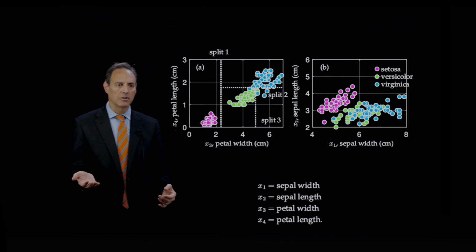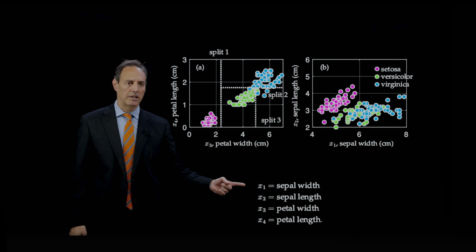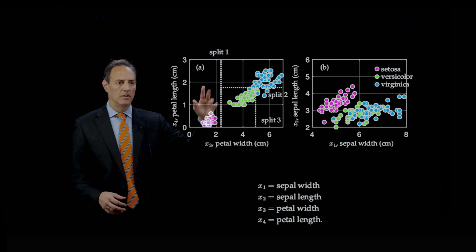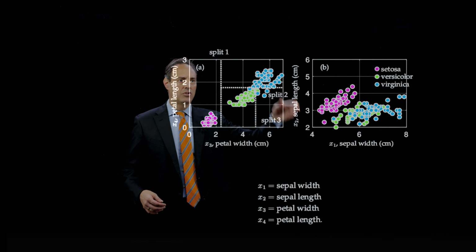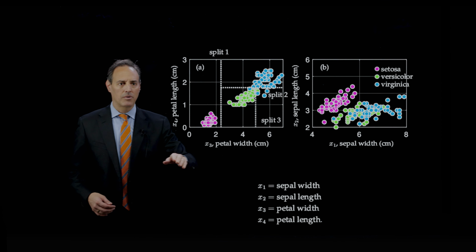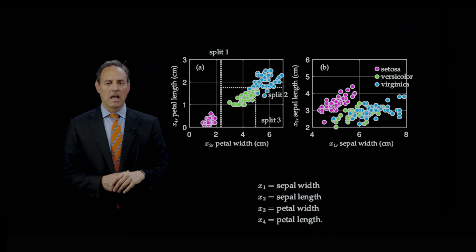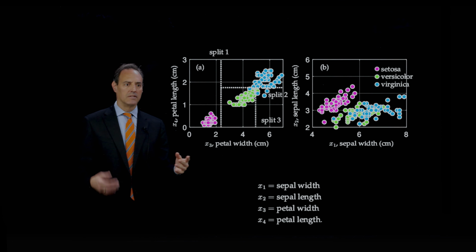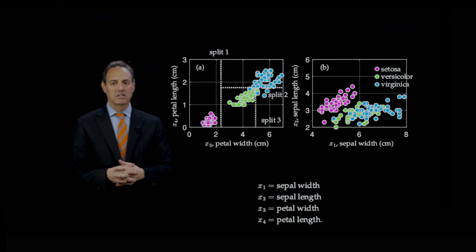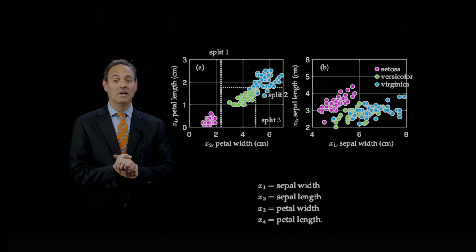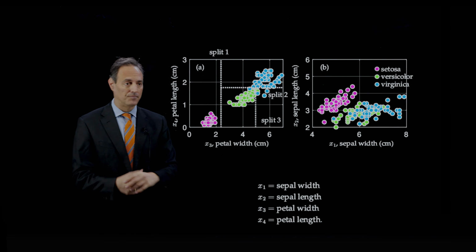What you're going to do first is walk along the x1 direction. What you're seeing over here is x1, x2, x3, x4. I'm just going to do a mental exercise. Let's go along the x1 direction and see how well splitting in the x1 direction does in terms of separating the data.